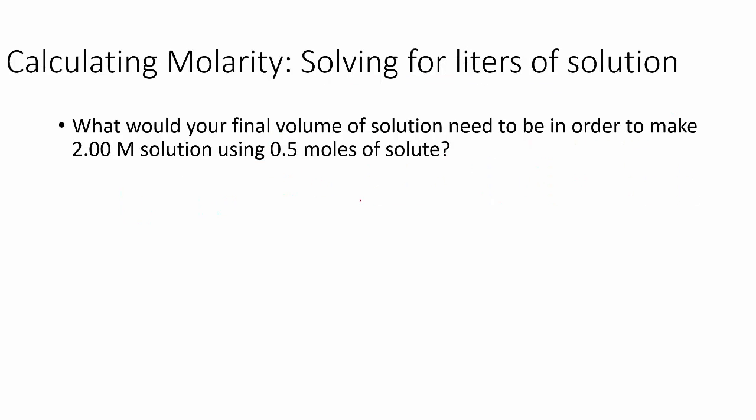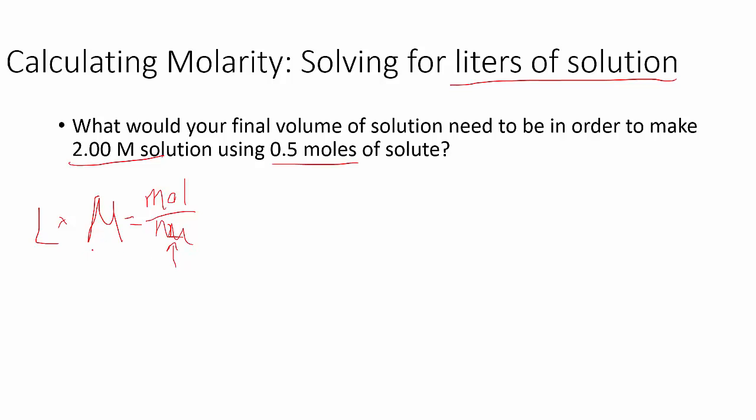One more different kind of problem, solving for liters of solution. What would your final volume of a solution need to be in order to make a 2 molar solution using 0.5 moles of solute? Again, we start with our equation, and this time we want to get liters by itself. So we've got to first get it on the top, so multiply each side by liters.